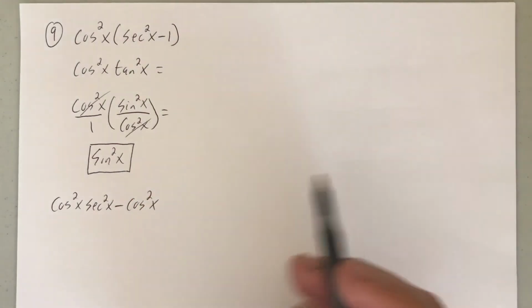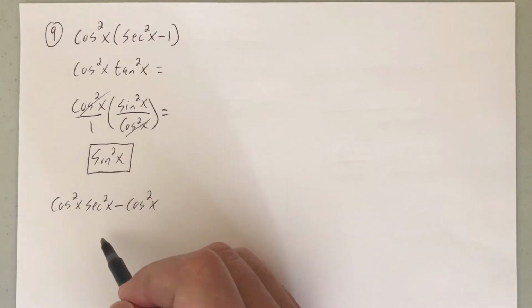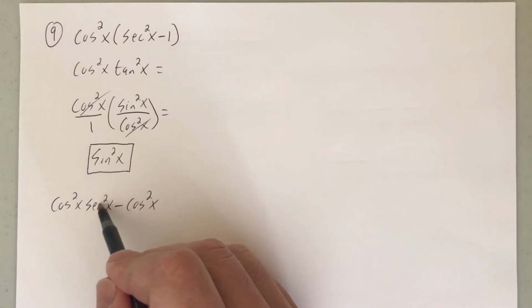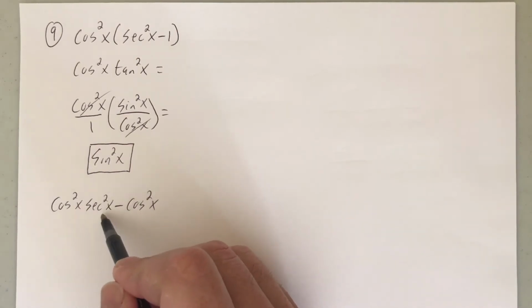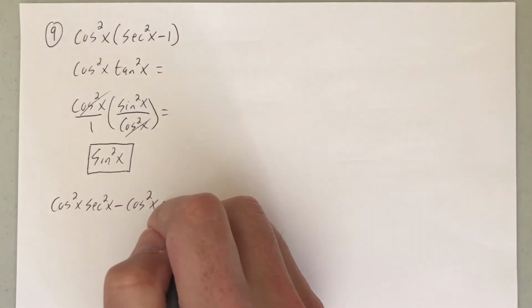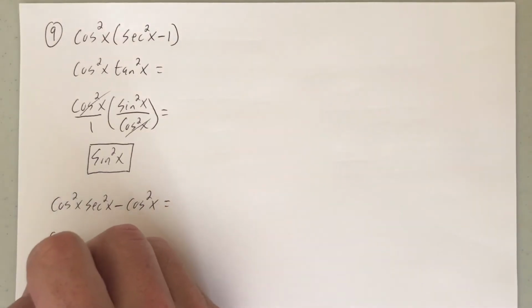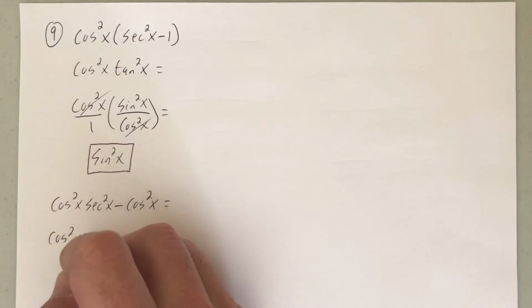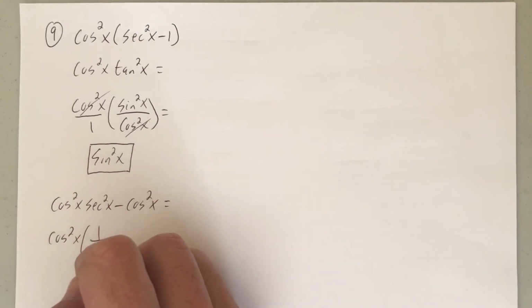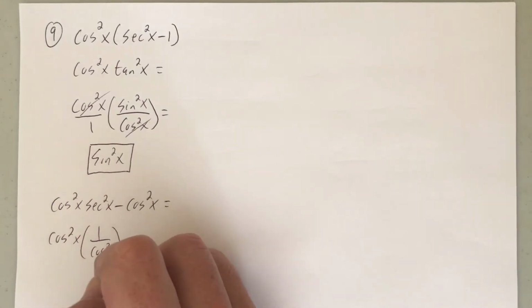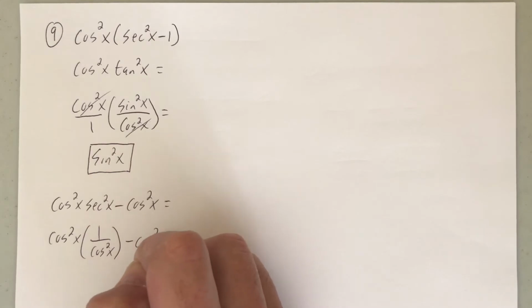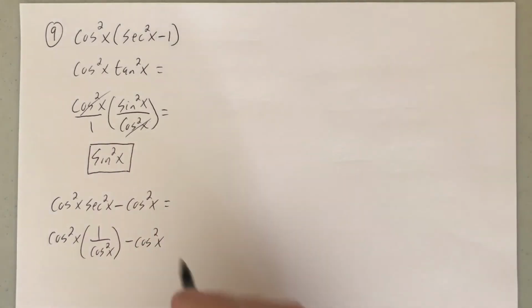And then some of you would say, all right, well, I'm going to go ahead and change everything to sines and cosines. So I'm going to change this to 1 over cosine squared x using the reciprocal. So cosine squared x times 1 over cosine squared x minus cosine squared x.